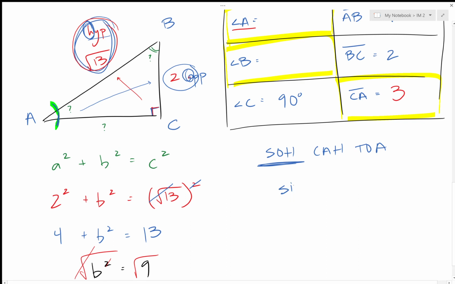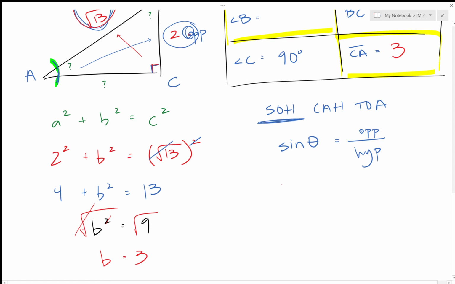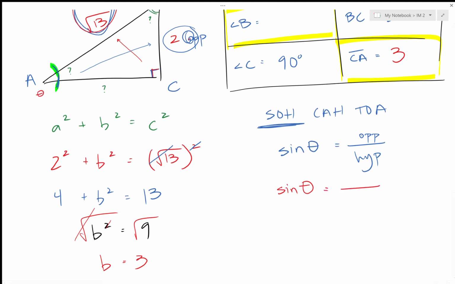So if we fill that out, sine of theta equals opposite over hypotenuse. So let's fill in what we have. So sine of theta. Now we don't know what theta is. Remember, that's our question mark there. Theta, that's the angle we're trying to find, is the opposite, which is 2, over the hypotenuse, square root 13.